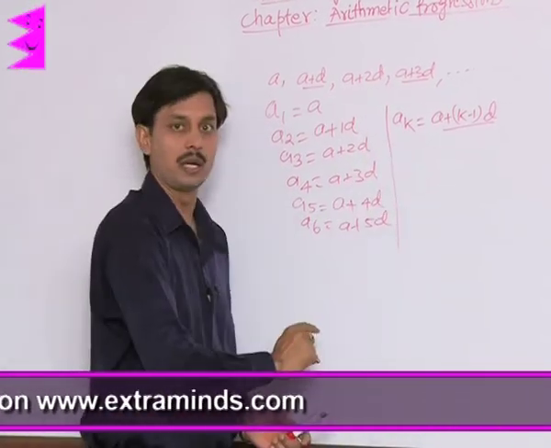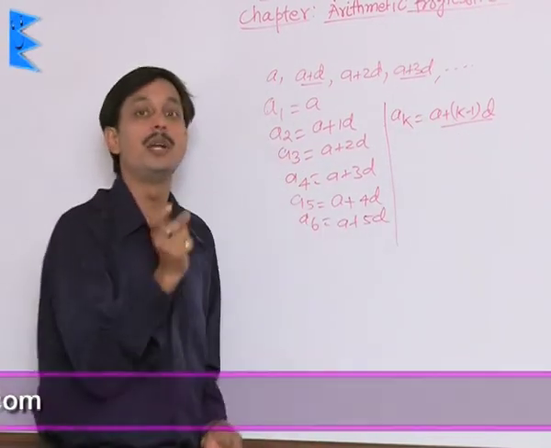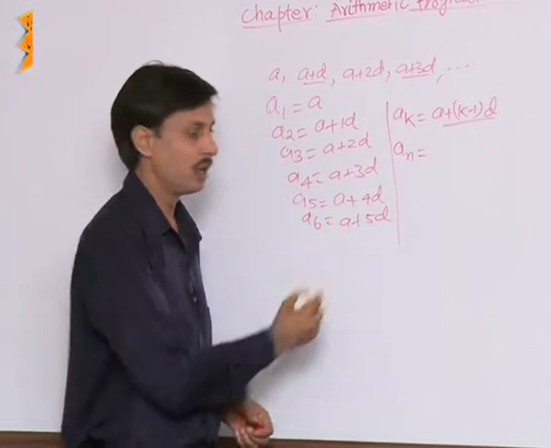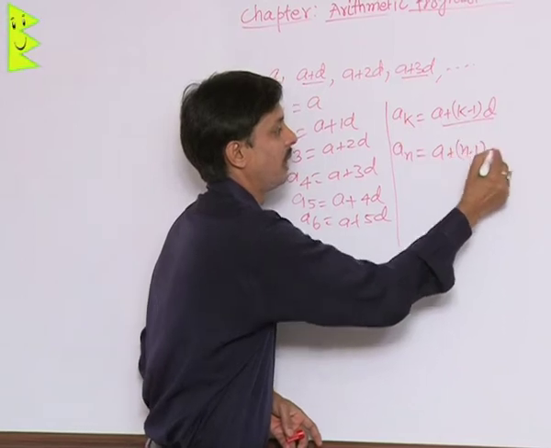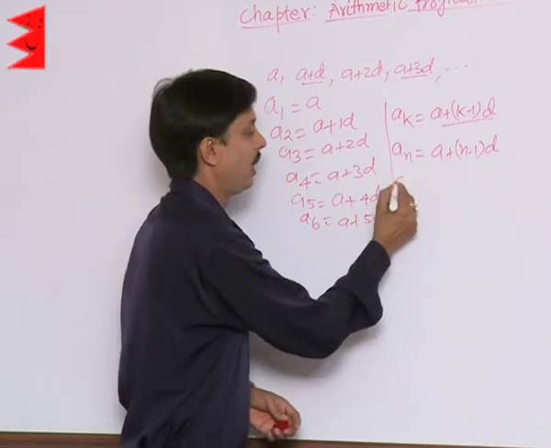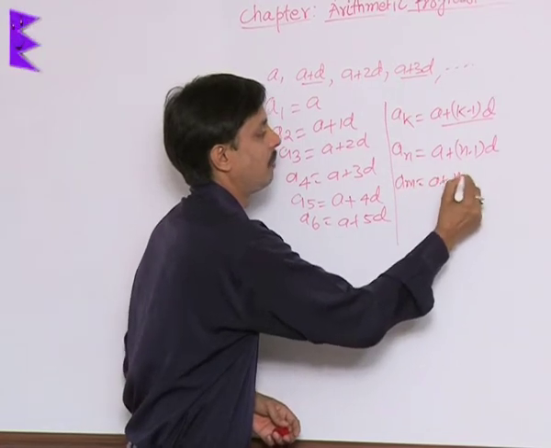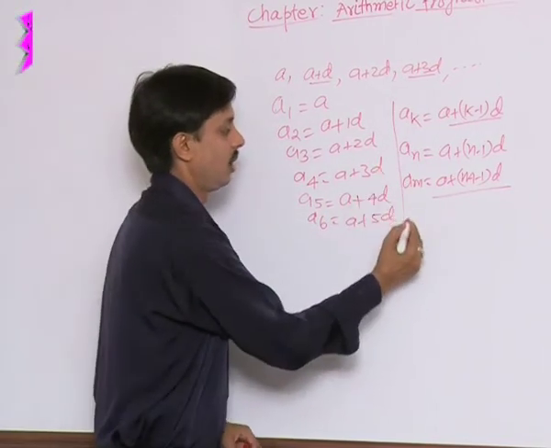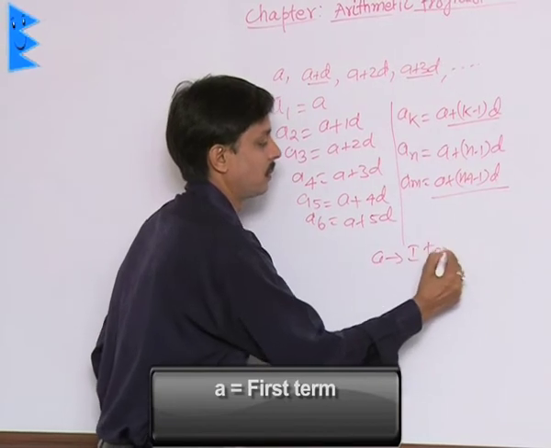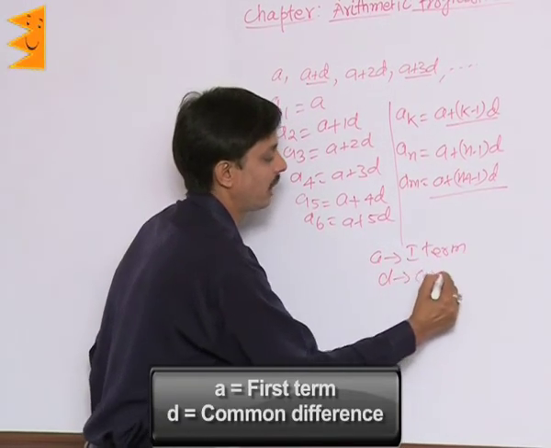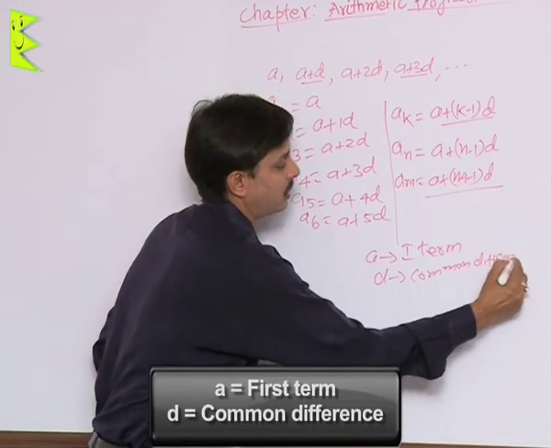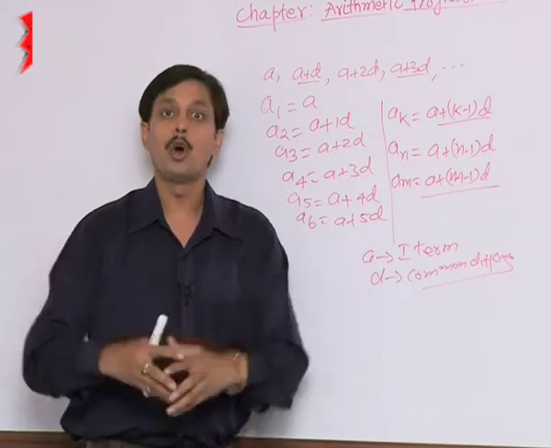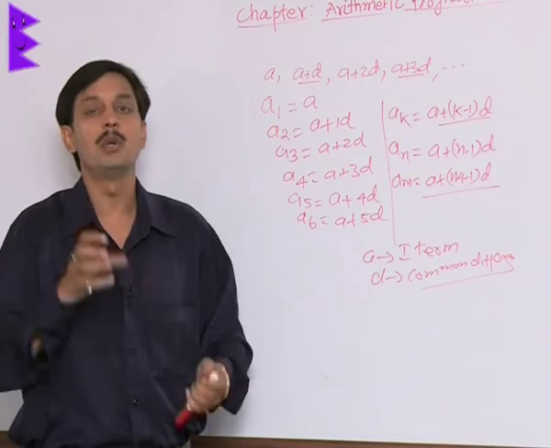So for finding the kth term, K minus 1 times D is added to the first term, that is A. If I ask you its general term An, you will say it is A plus (n minus 1) into D. If I ask you the mth term, it is A plus (m minus 1) into D. Here it is mandatory to understand that A is known as the first term and D is known as the common difference.